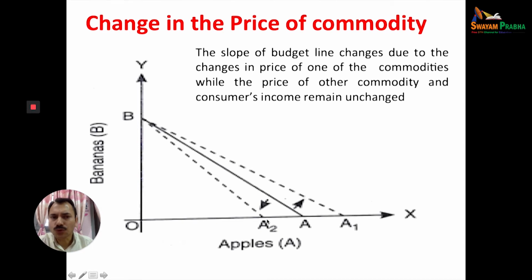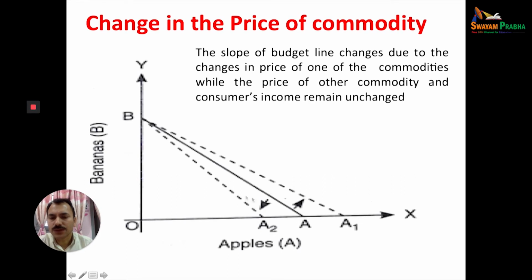The slope of the budget line will change due to a change in the price of one of the commodities, while the price of other commodities and consumers' income remain unchanged. Here we are assuming that the income of the consumer remains unchanged and the price of B is also unchanged. There is no change in the price of B, only the change in the price of apple.